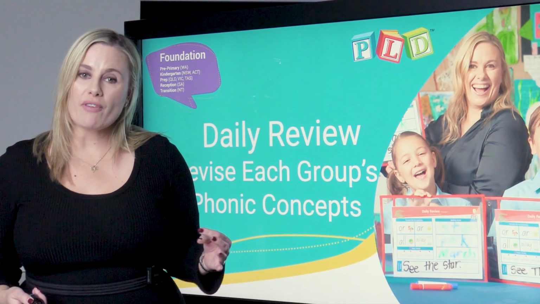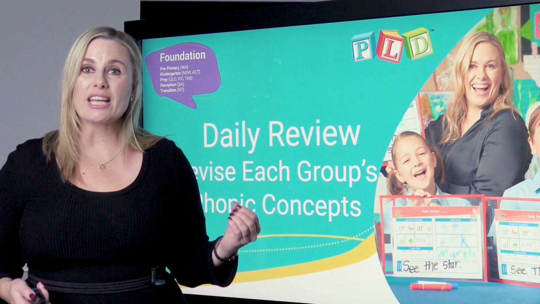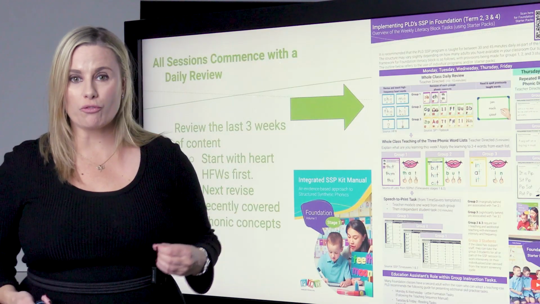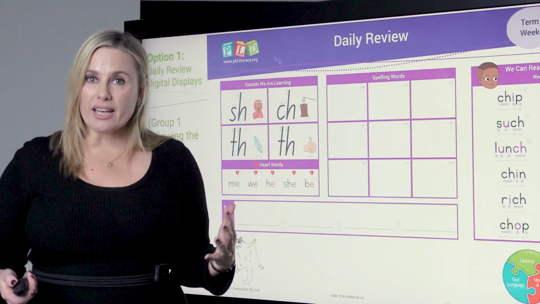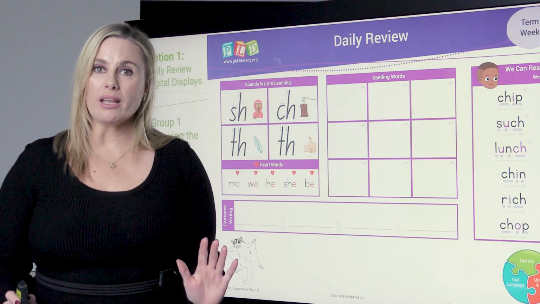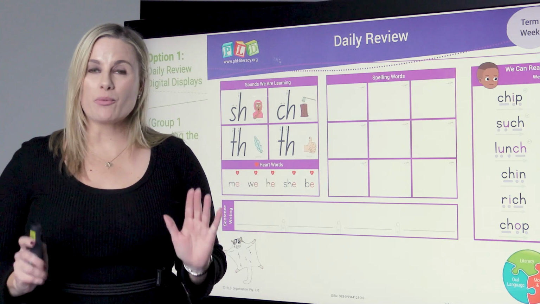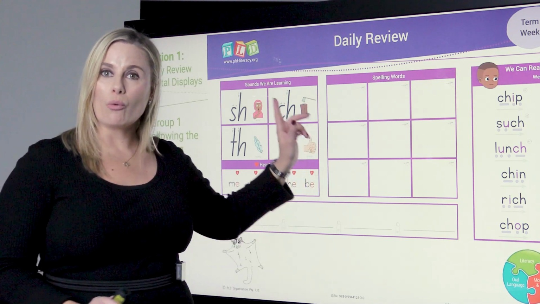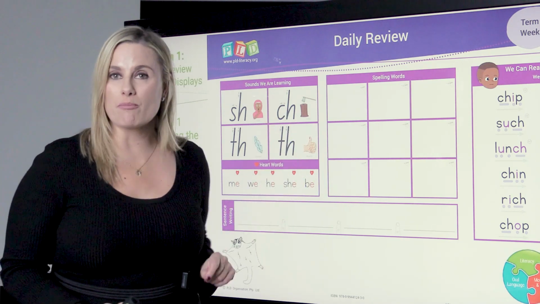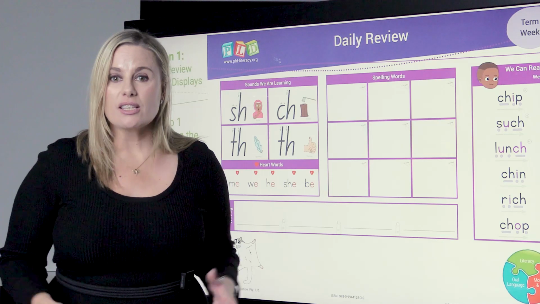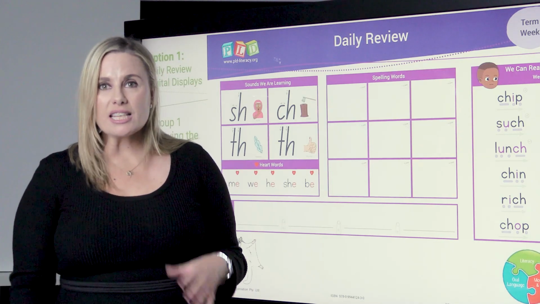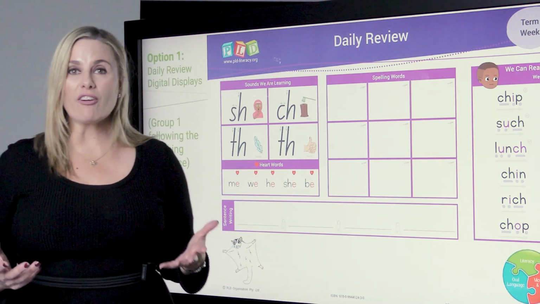The next component of our daily review is by looking at each group's previously taught phonic concepts. Again, group 1, they are following the teaching sequence for term 3. So option 1 is to use the template found in your kit. So group 1, the last few weeks you have been learning digraph sounds.